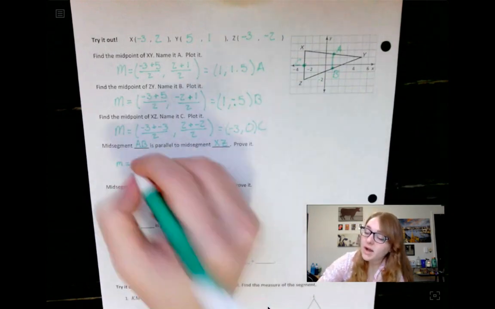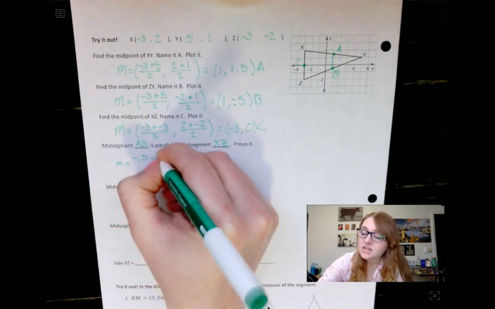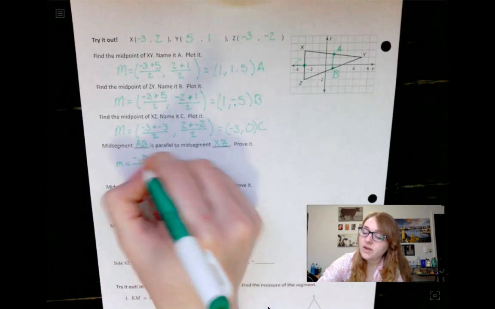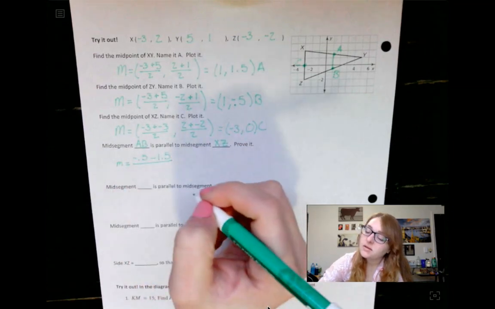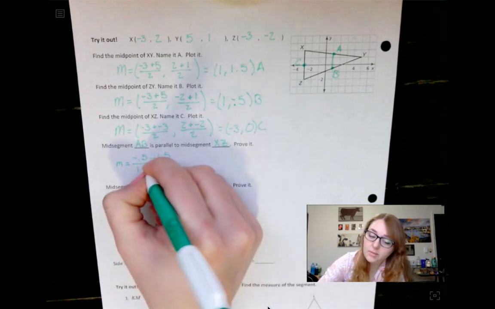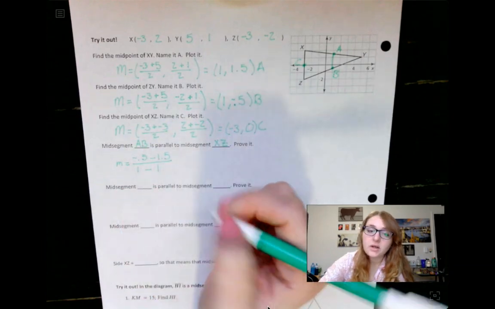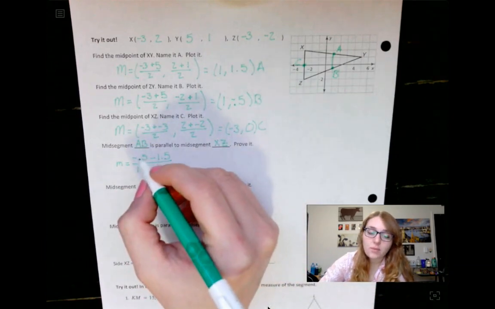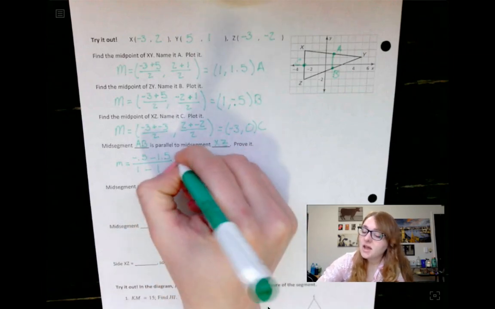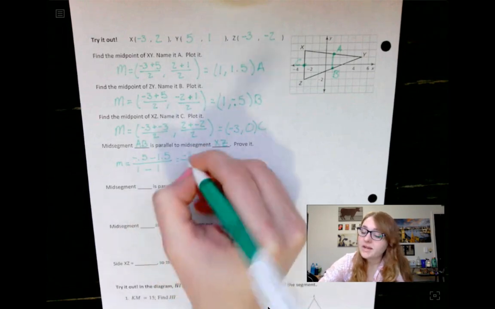So we have our y2, which is negative 0.5, minus 1.5, divided by our x2, which is 1, minus our x1, which is 1. So negative 0.5 minus 1.5 will give us a negative 2. And then 1 minus 1 is 0.